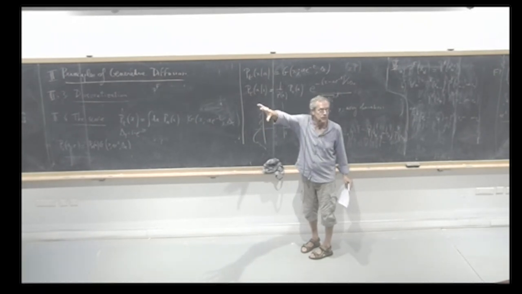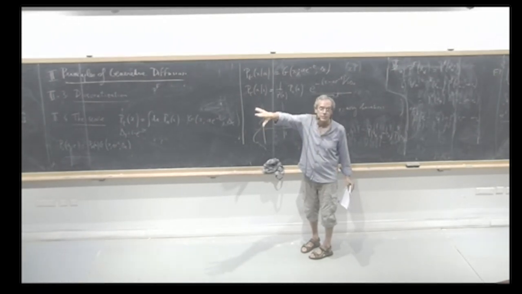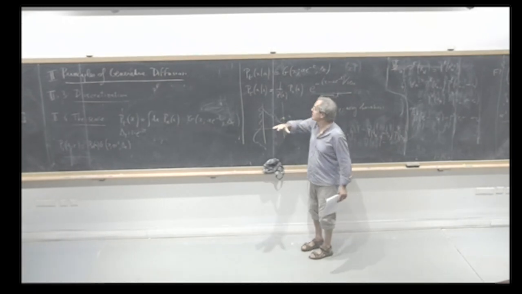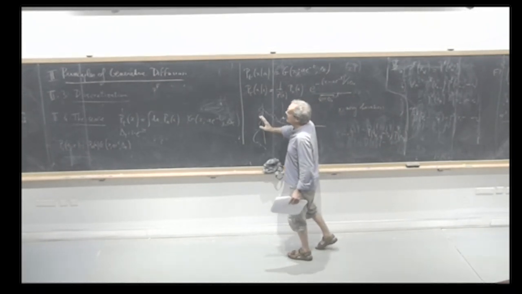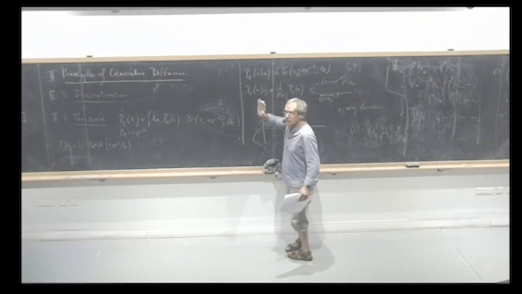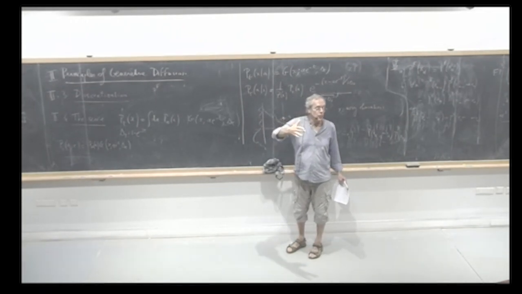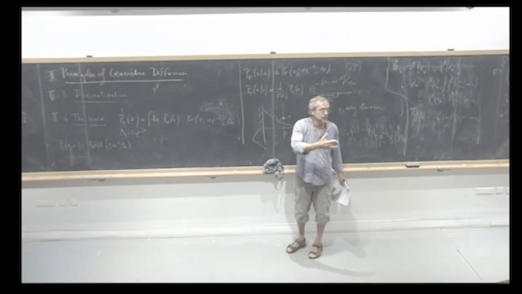The model that you have been studying so far is in P0. Now, in terms of statistical physics, imagine that you have some configurations of P0 and you want to generate new ones. And you want to see if generative diffusion helps you to generate new ones.